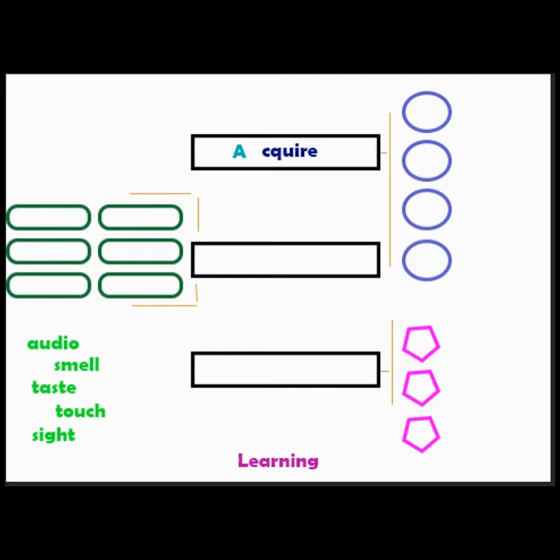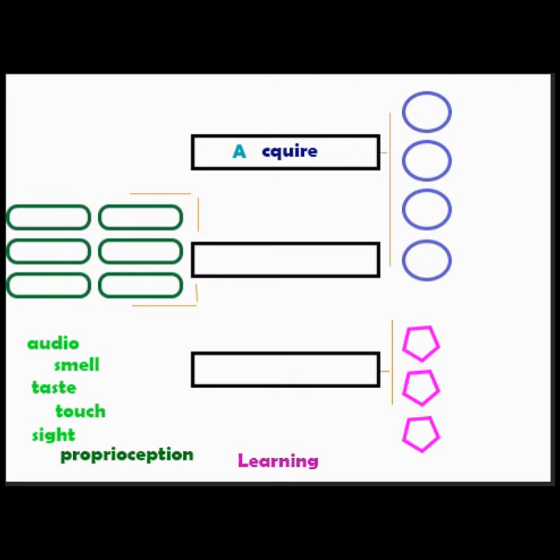And technically, there's a 6th one, which is proprioception. And that's our bodily awareness. Proprioception deals with where my limbs are and where my spacing is in the world around us. And we're going to come back to that last one when we look at the intelligences. So if we look at this idea that we're going to acquire knowledge, well, we can acquire knowledge this way.